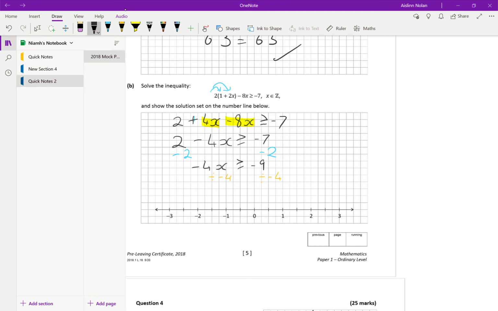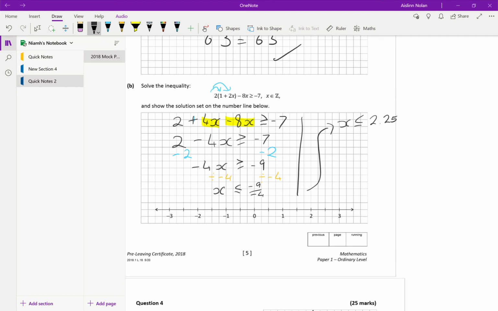So what you're left with is x, and now it's less than or equal to minus 9 divided by minus 4. When you work that out, 9 divided by 4, you're left with 2.25. So x has to be less than or equal to 2.25.